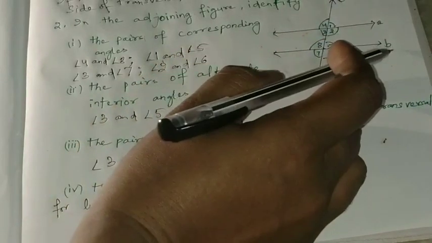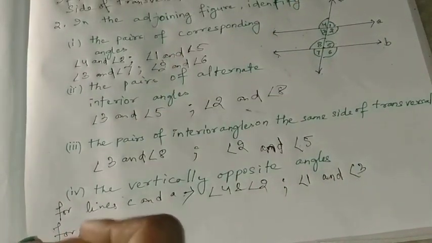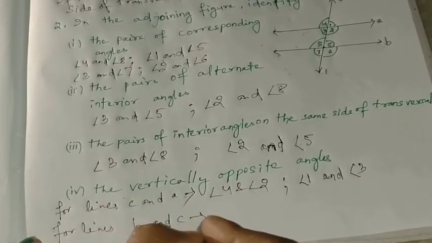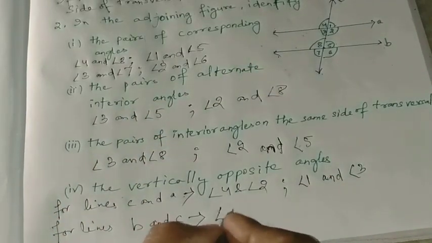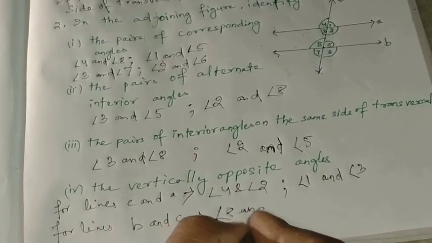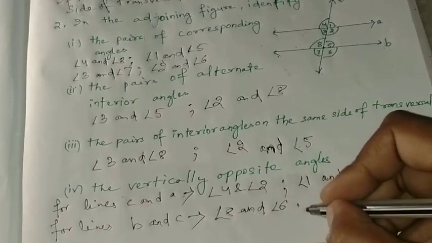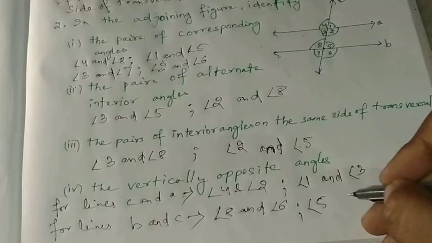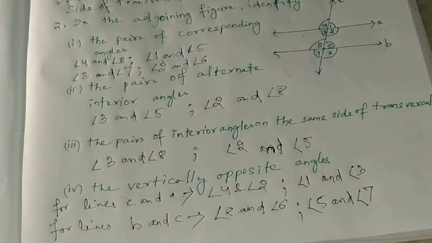Then for lines B and C, the vertically opposite angles are angle 8 and angle 6. Then another vertically opposite pair is angle 5 and angle 7. Okay, so these are vertically opposite angles.